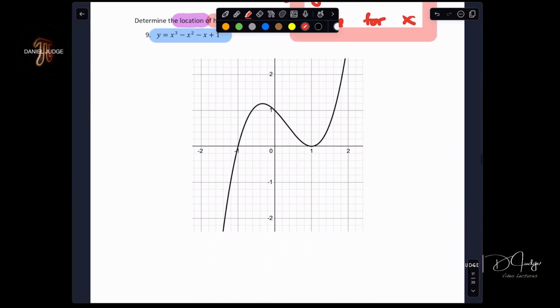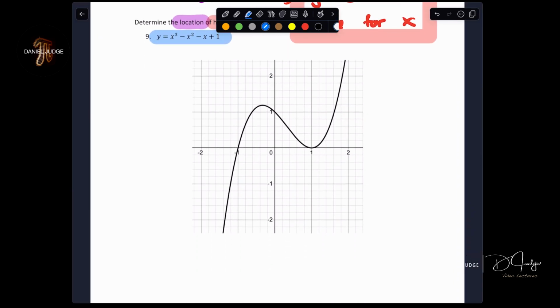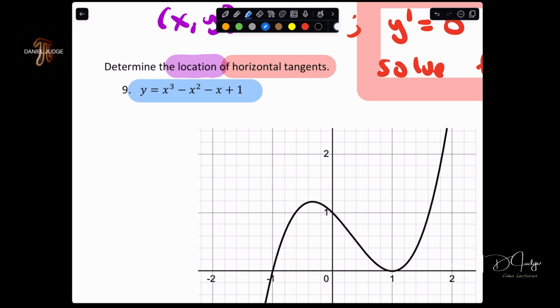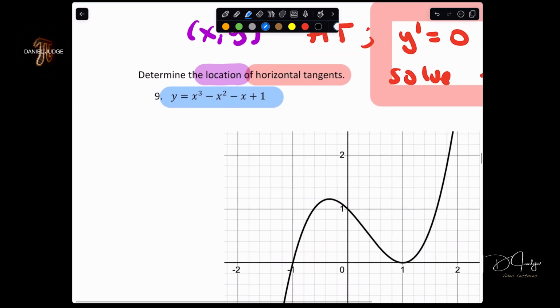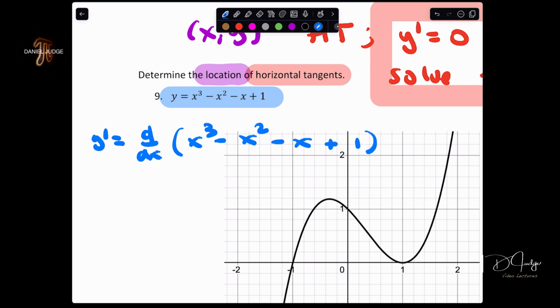Now, I'm going to have to get the first derivative of this function and set it equal to 0. So I'm going to differentiate this function. Y prime is the derivative of x cubed minus x squared minus x plus 1.